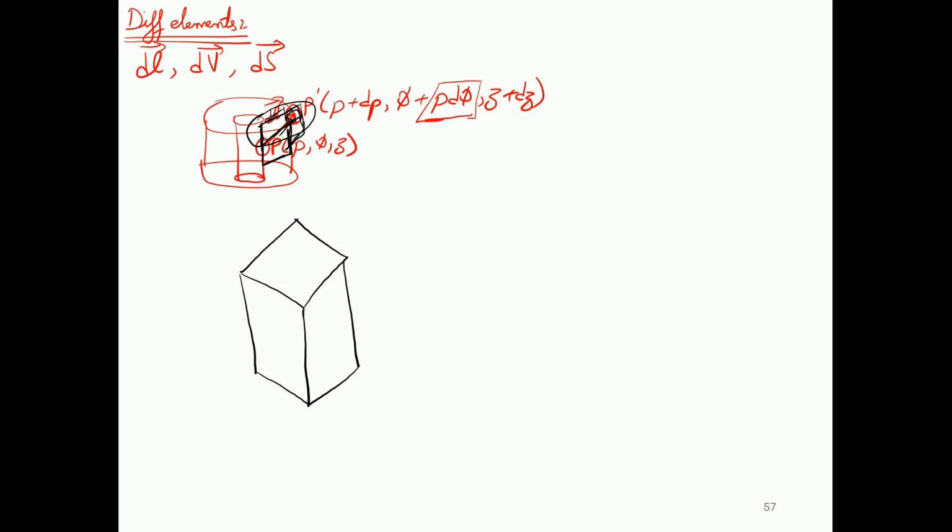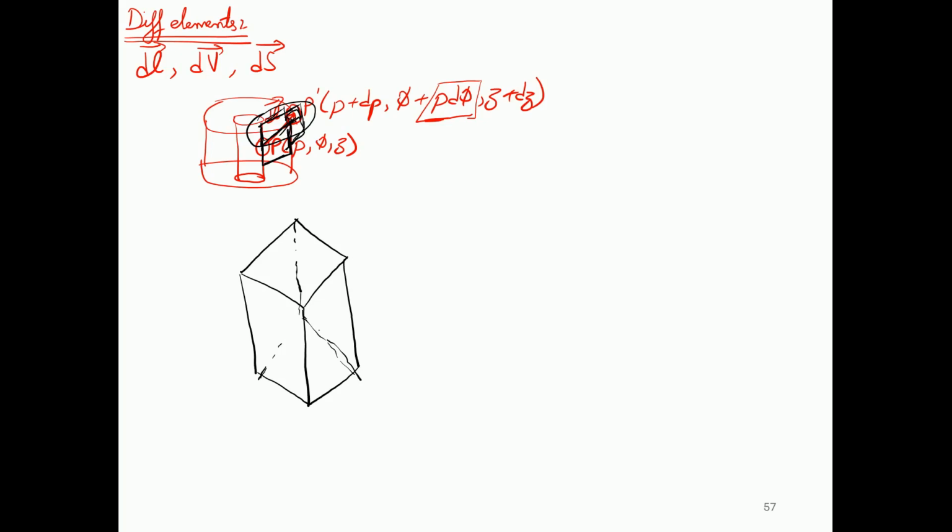This is basically a stretched out cube if I am looking at the top side, and these are the various faces of the cube. Obviously it has 6 faces: front, back, top, bottom, left and right. So this is the cube which I formed.